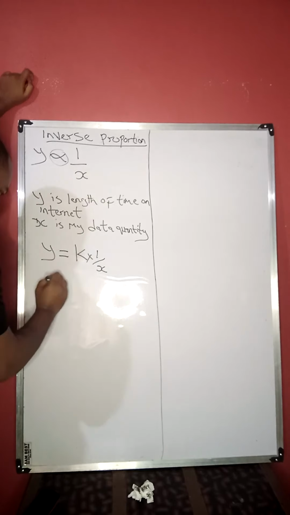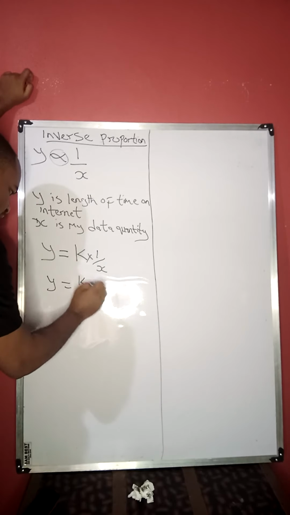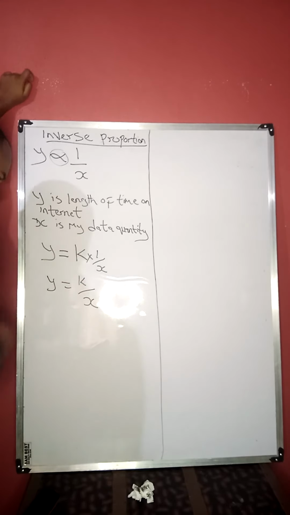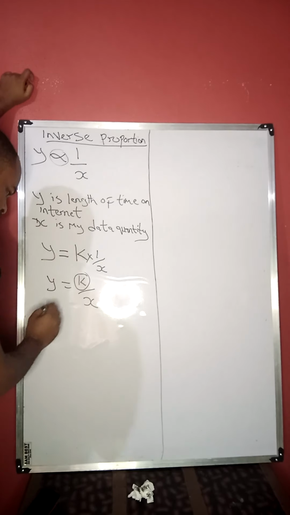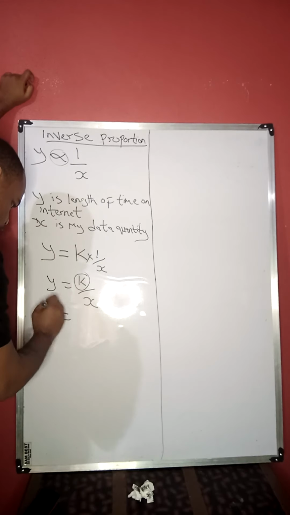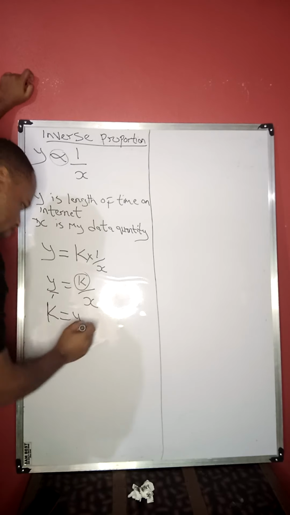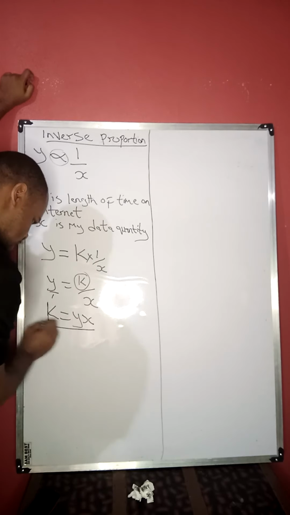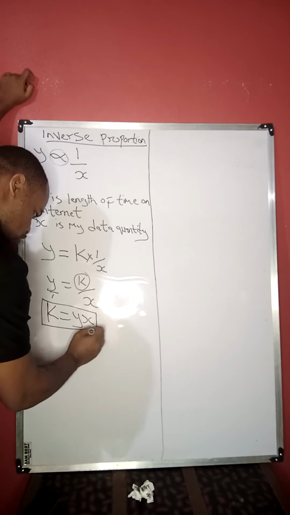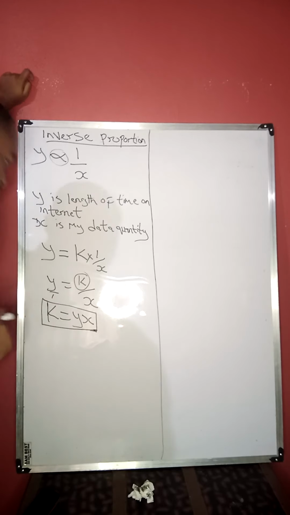So this can be written as y equal to what? K over x. You make k subject of formula, you'll be having my k to be equal to cross multiply. That's the same thing as cross multiplying yx. Alright, now this is the general formula for inverse proportionality for this equation. Now we've gotten this. Now let's see how to apply it in examples.